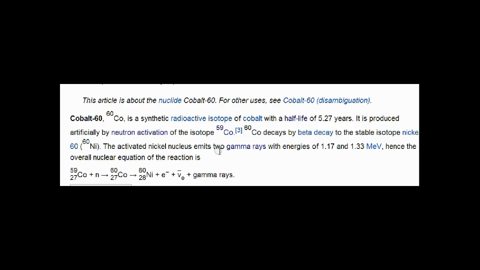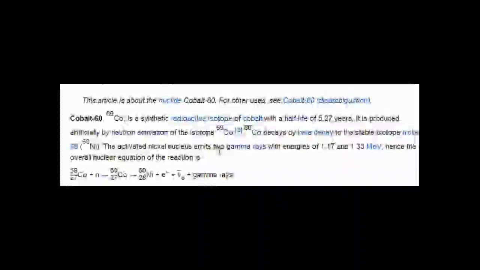From Wikipedia, cobalt-60: synthetic radioactive isotope of cobalt, half-life 5.27 years, produced artificially by neutron activation. Well, we've got plenty of it, but we don't have cobalt-60.